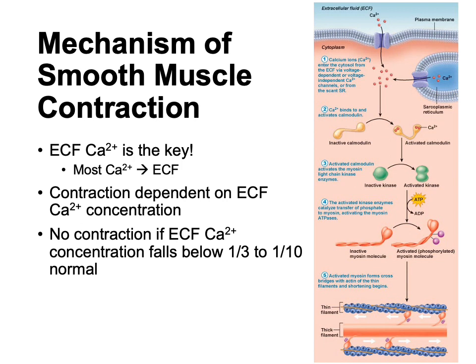If you recall, the caveolae have a high number of voltage-gated calcium channels, and the sarcoplasmic reticulum is very close to the caveolae. Once the voltage-gated calcium channels open in those caveolae, it will also stimulate the calcium channels to open on the sarcoplasmic reticulum, dumping a bunch of calcium into the intracellular cytoplasm of the smooth muscle cell.